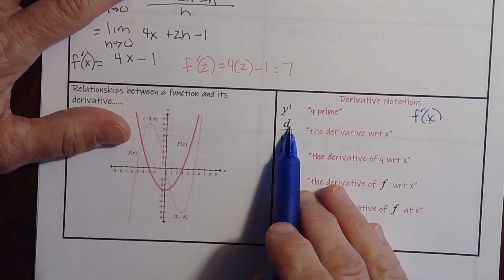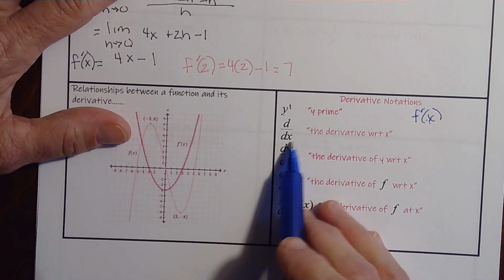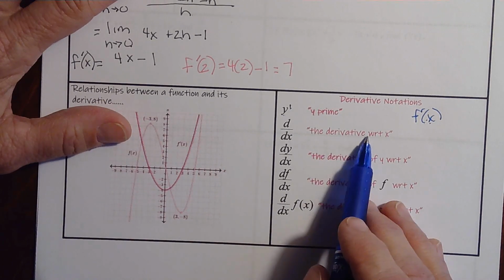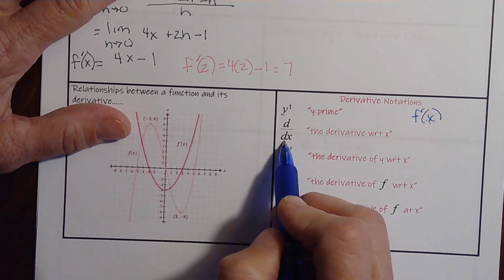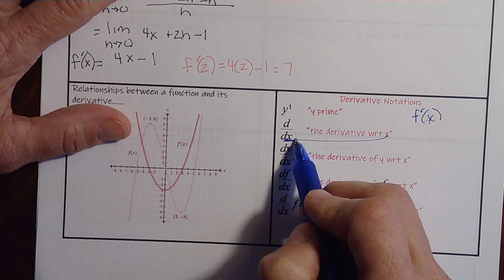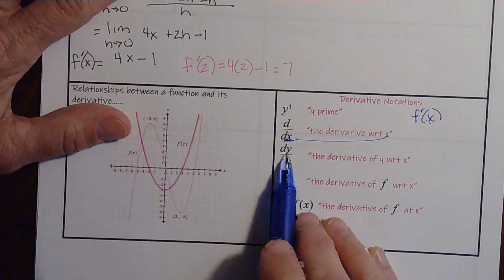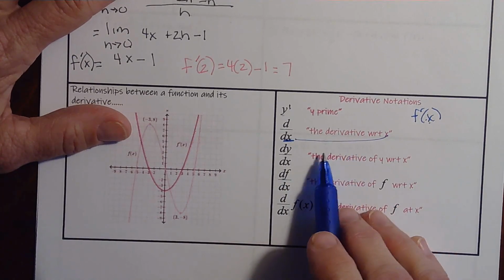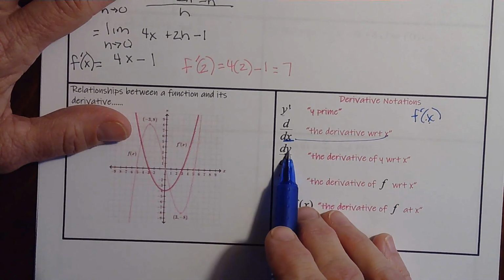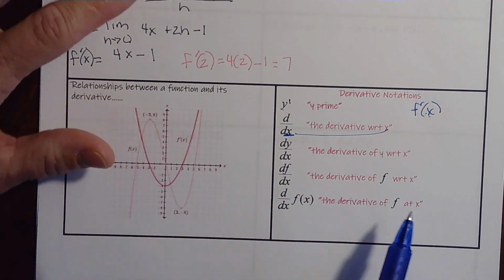When you see d over dx, this is saying the derivative with respect to x. That's where the x comes into play. This expression, dy over dx, is the derivative of y with respect to x.